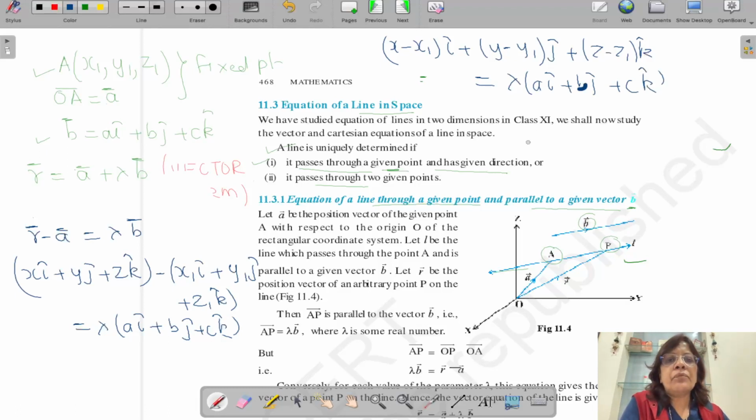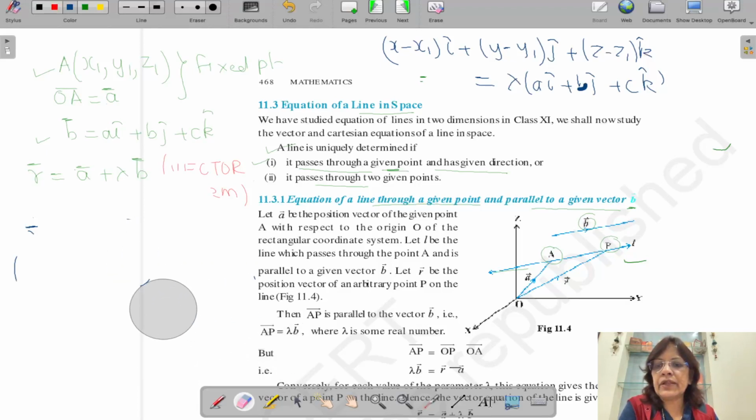Now, equating components on both the sides, what will we get?